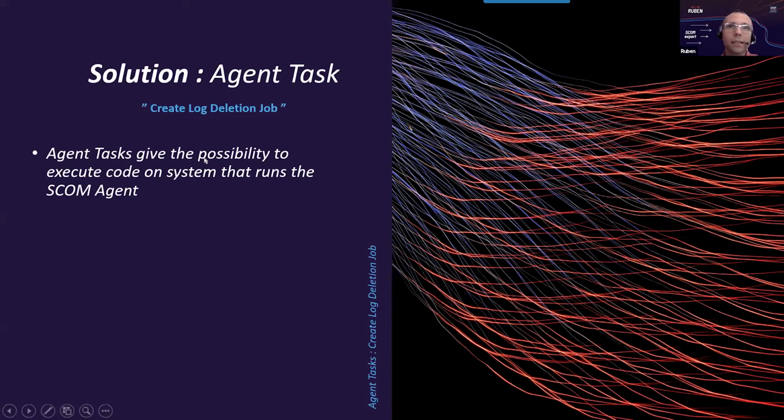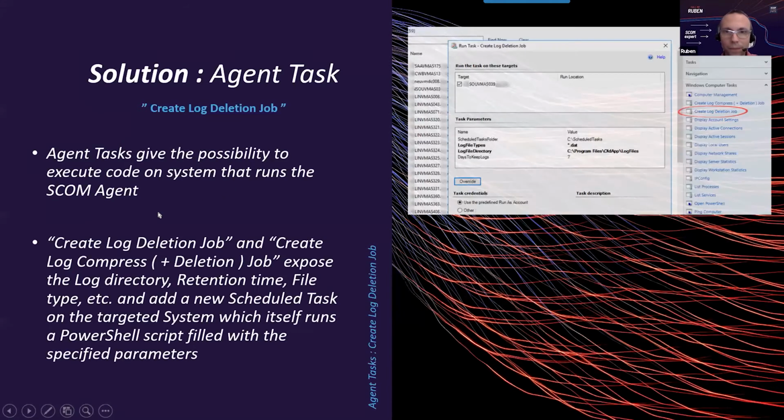If you are in the SCOM console and take a look at the right side, I will show it to you in a minute, you see a lot of tasks that can be run on a machine, and these are quite powerful because you can create custom tasks. What you see here at the right side is one of these custom tasks, which you can download for free later from the URL that I will share with you.